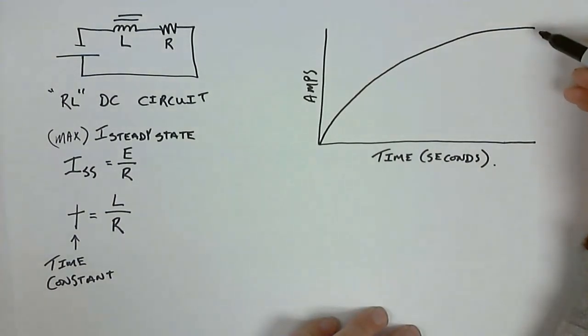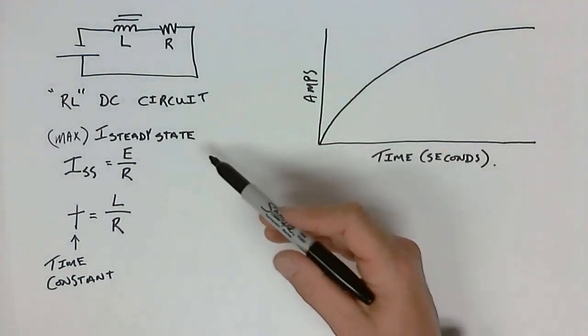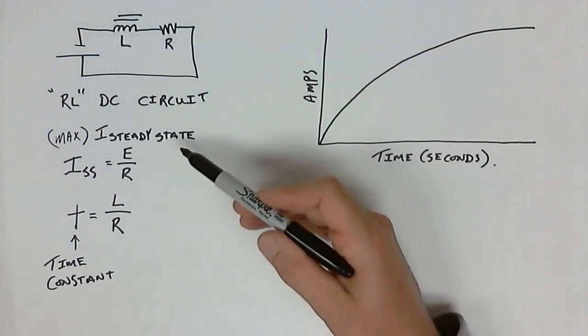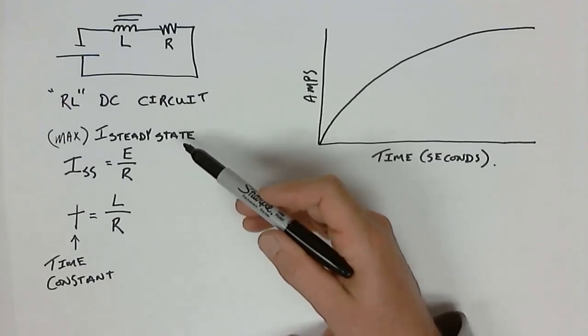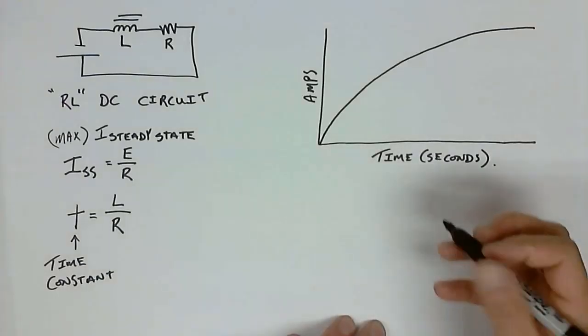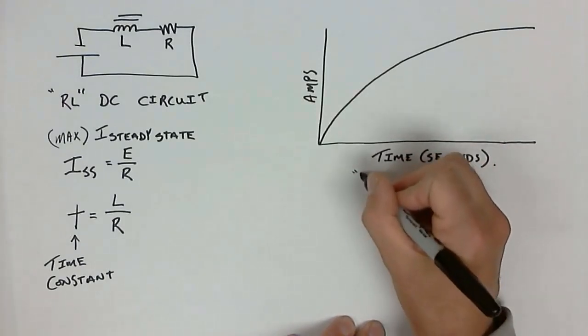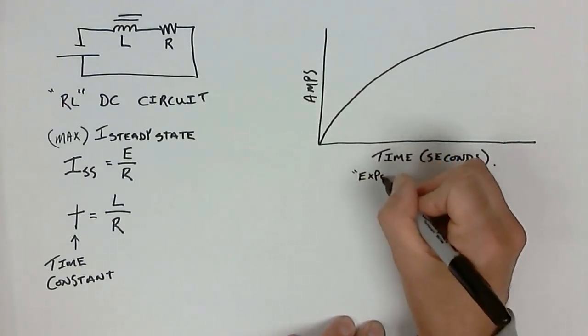It won't ever quite reach the value calculated here, I steady state, but it will be darn close. We're talking 99 point some odd percent. And that's why this particular type of graph is referred to as an exponential.